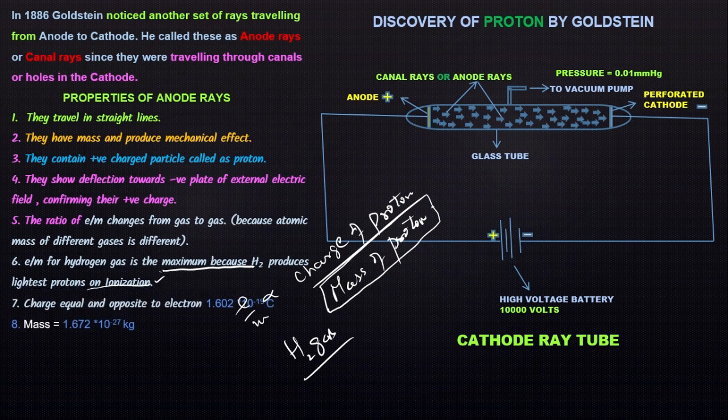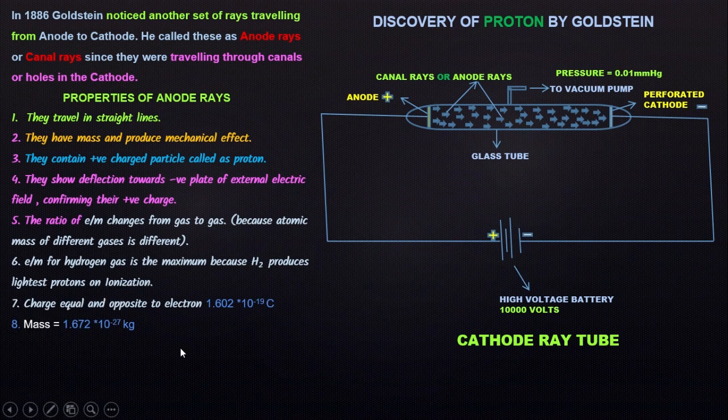The charge is equal and opposite to the electron. So the charge of a proton is just opposite to that of an electron. If the electron is having minus 1.602 times 10 to the power minus 19 coulomb, the proton will have positive the same charge. Okay, so that's written over here. And the mass of a proton is 1.672 times 10 to the power minus 27 kg. So the mass of a proton is much, much higher than that of an electron.